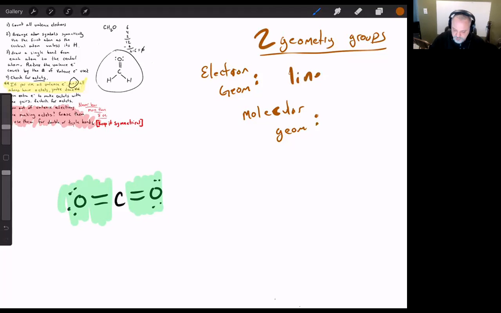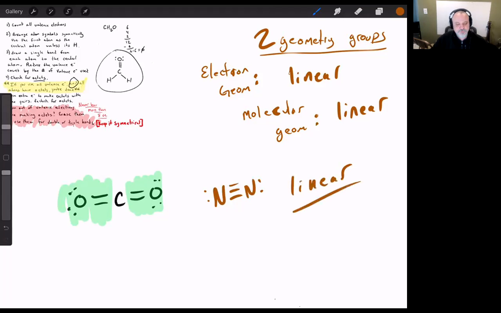Linear. Linear, right? And the only possible geometry for nitrogen is what? It's only 2 atoms. Yeah, the only possible geometry between any 2 points is linear.